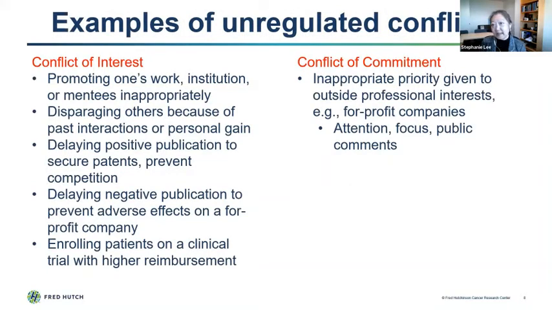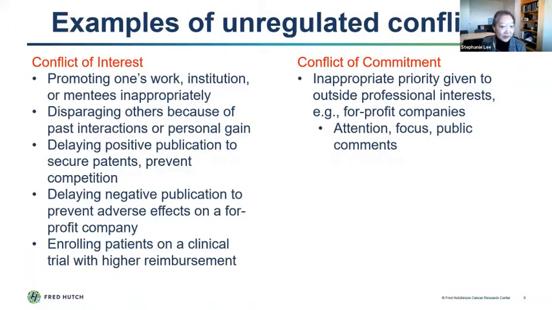Now, I also want to recognize some unregulated conflicts. What are unregulated conflicts of interest? Well, promoting one's work, institution, or mentees inappropriately, disparaging others because of past interactions or personal gain. So talking up your mentee without acknowledging that they're your mentee can be inappropriate.